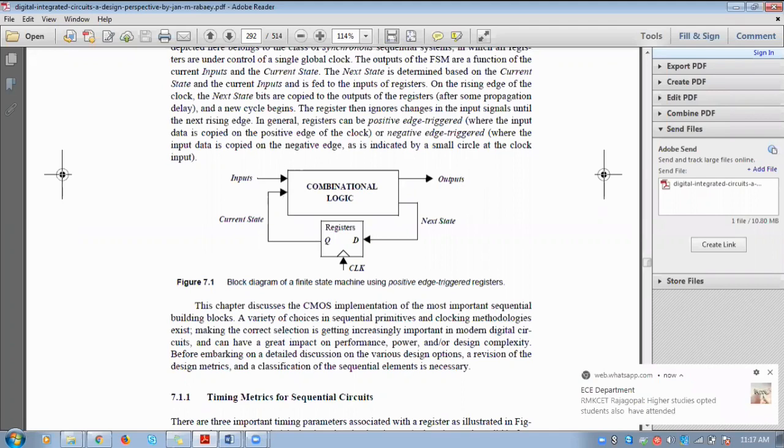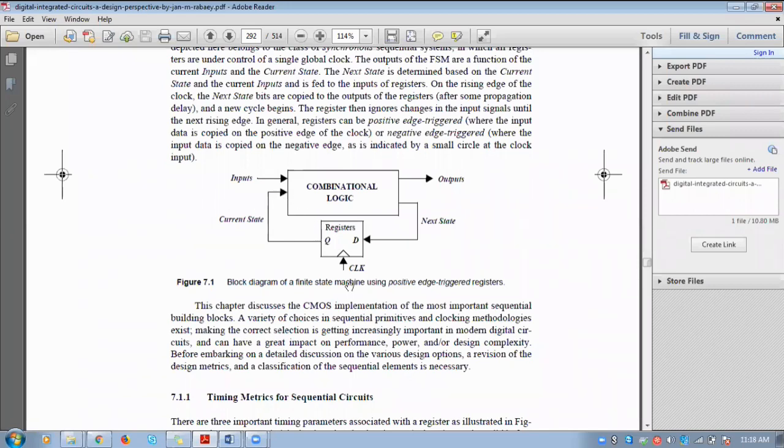The past history of the output is obtained through a register or a memory. It keeps a trace of the current output and supplies that output value through the feedback path to the input of the combinational circuit.